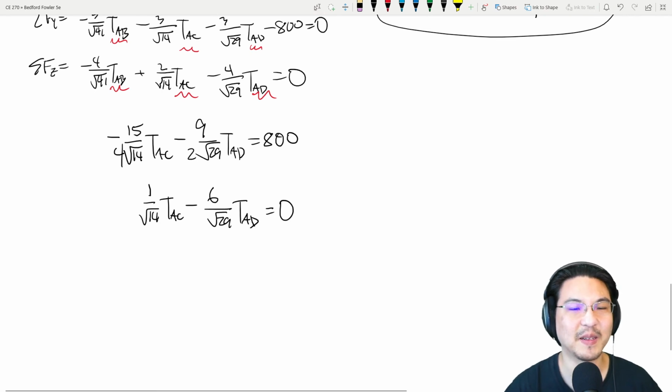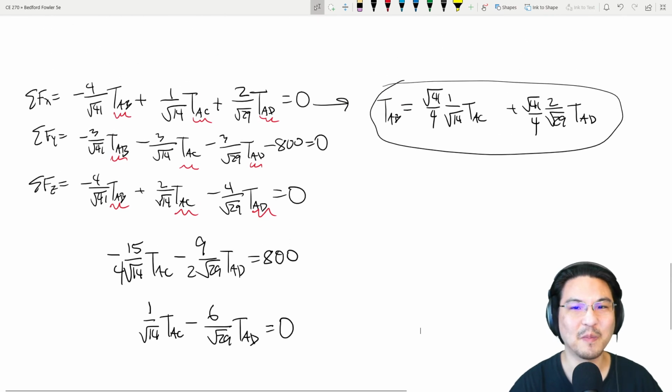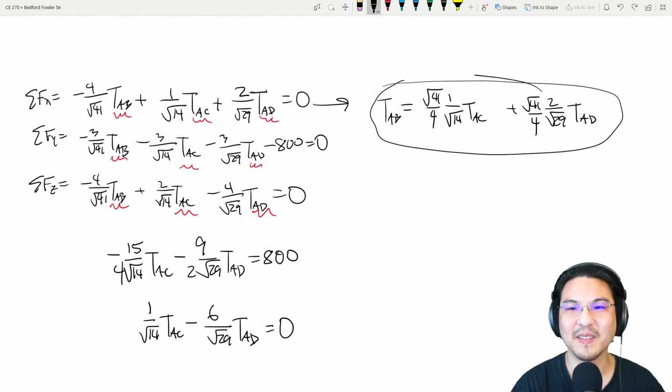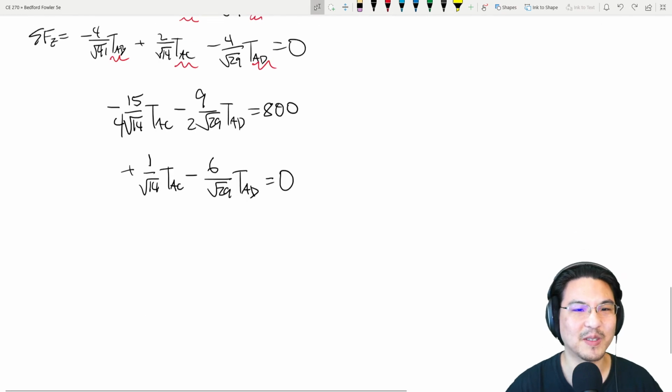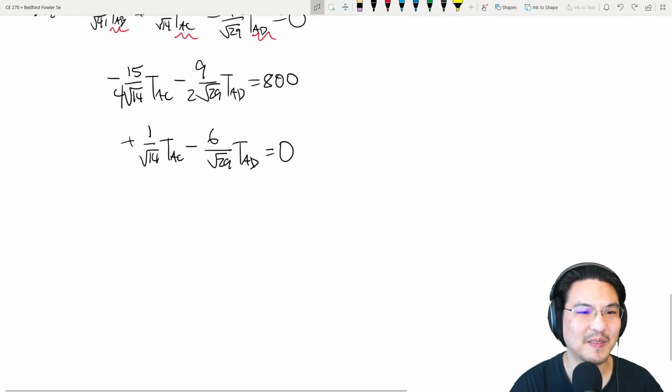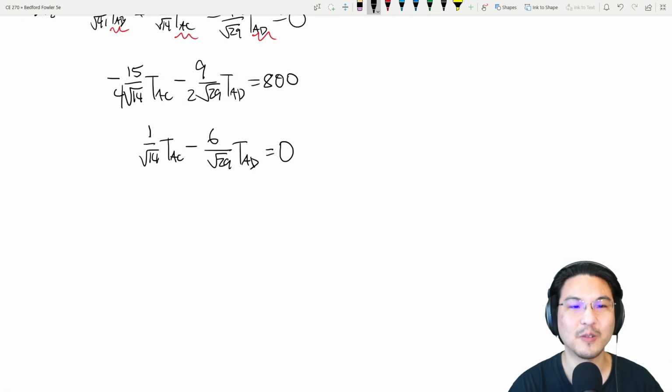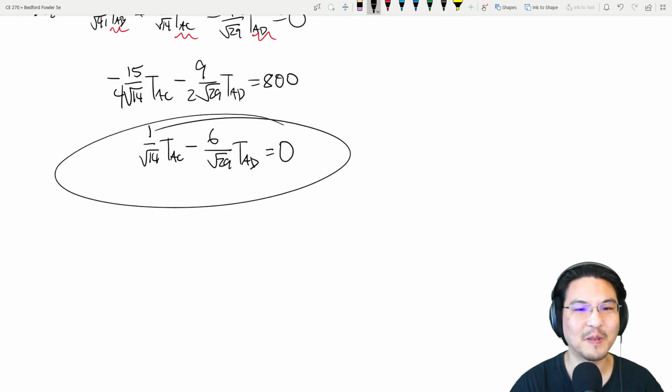Okay. And then again, recap, where did this come from? I solved this for TAB, and then I took that and substituted here and here, which gave us these two equations. So after just a little bit of simplifying, how do we solve this? Now we have two equations, two unknowns. So then you just pick one, whichever one, let's say this one.